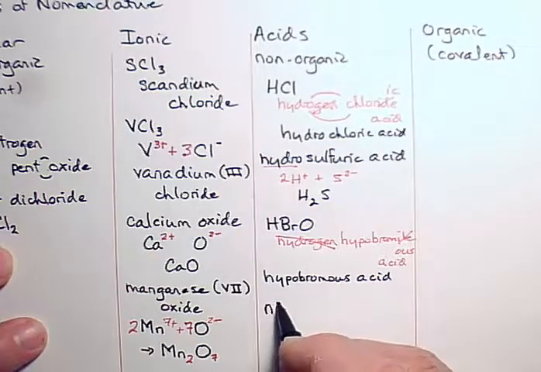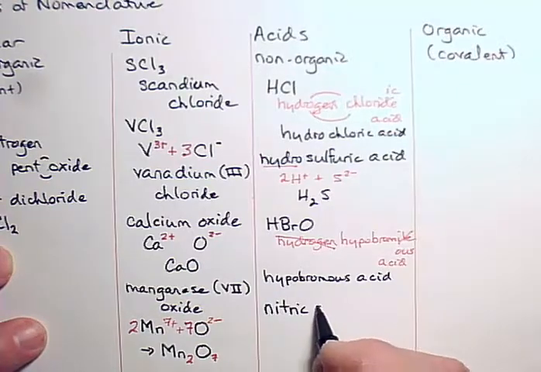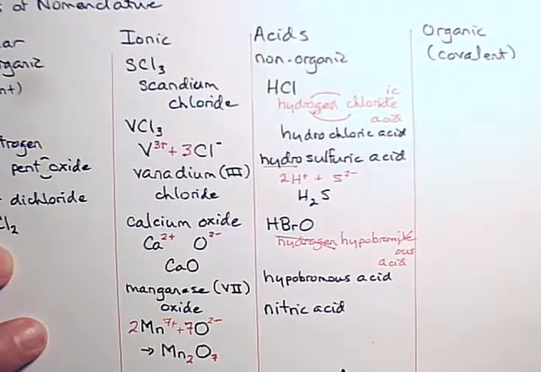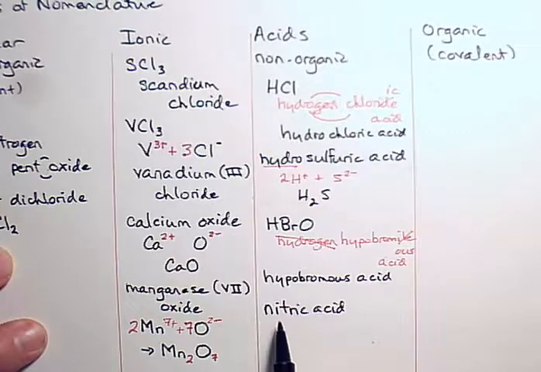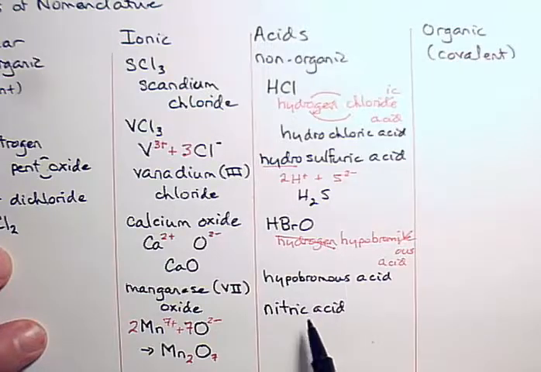So if I give you a name like nitric acid, there's no hydro prefix. Since there's no hydro prefix, this must have a polyatomic ion in it. We're going to look for NITR, and since I have an IC ending, I'm looking for an ATE ending. So what I'm looking for is a polyatomic ion called nitrate.